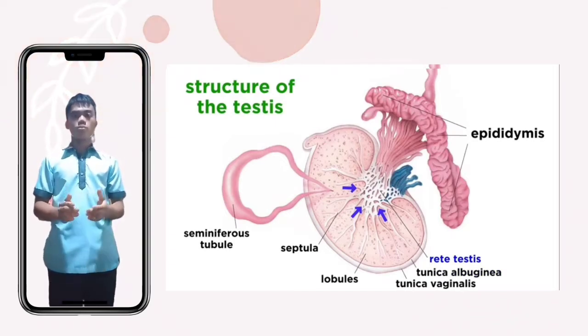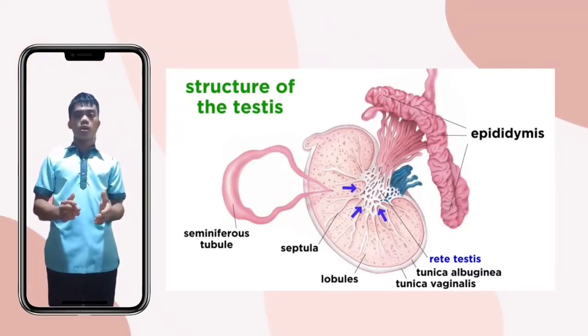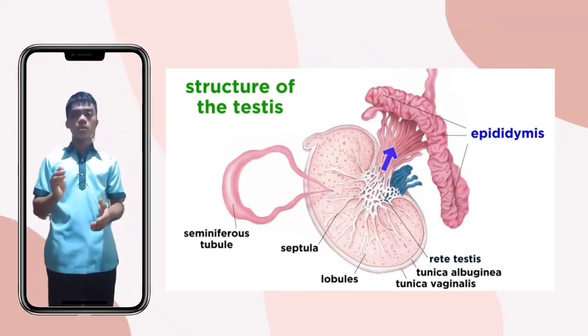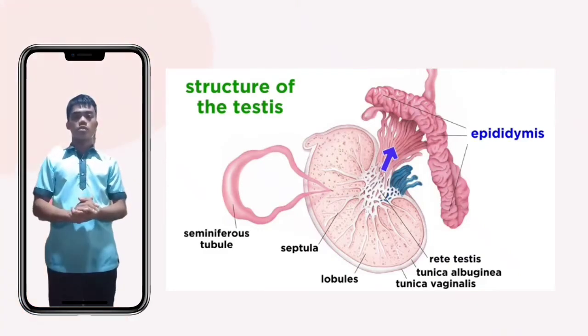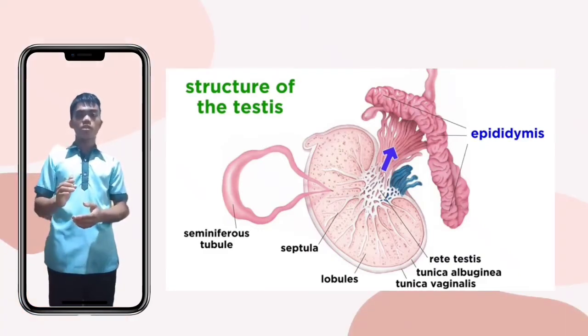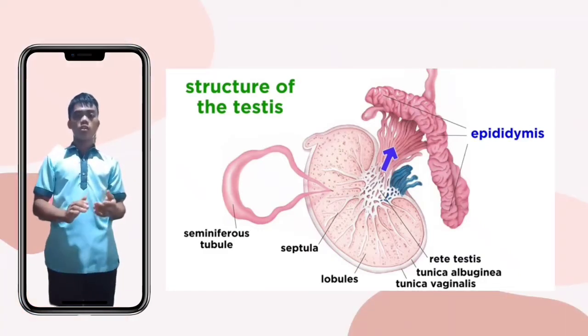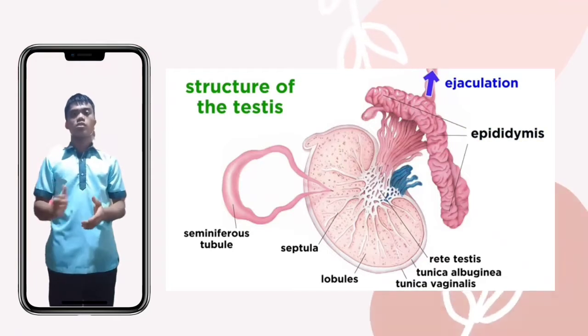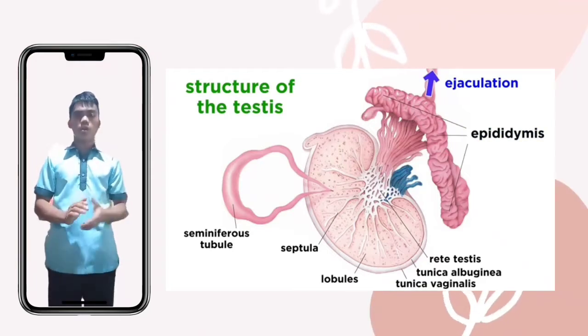From here, sperm will then move through a system of ducts, starting with the epididymis, where they are stored until ejaculation during a sexual act.